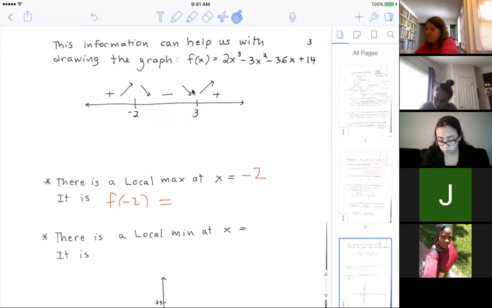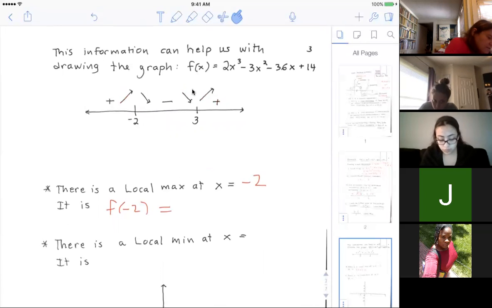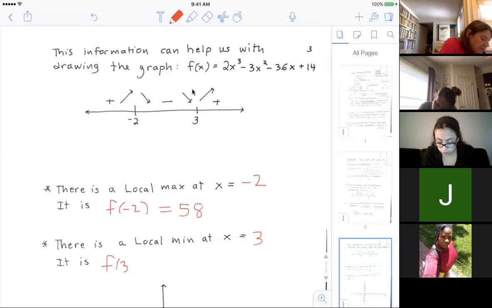Let's see what I got. I got 58. I just put it in the calculator, guys. So I got 58 right there when I plugged it into the function. This one we say there's a local min at x equals 3. It is f of 3. And when I plug 3 back into the function, I got -67.